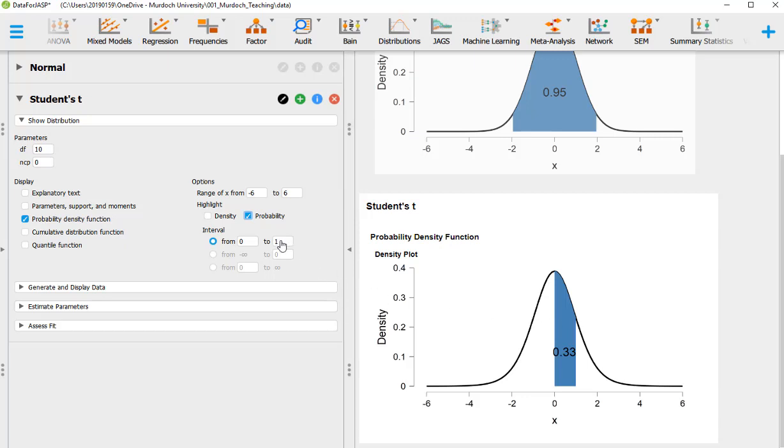So if we put from 0 to, let's do same as before, negative 1.96 to 1.96.